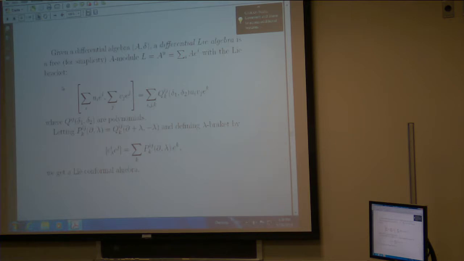So it's the object you get when you write equations which fix some differential structure. For instance, you take a differential form and write the vector fields which fix that form.